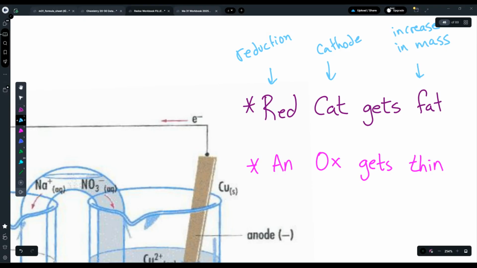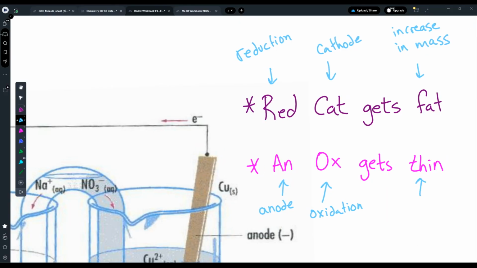What that means is at the anode, oxidation occurs, and the anode is going to decrease in mass.